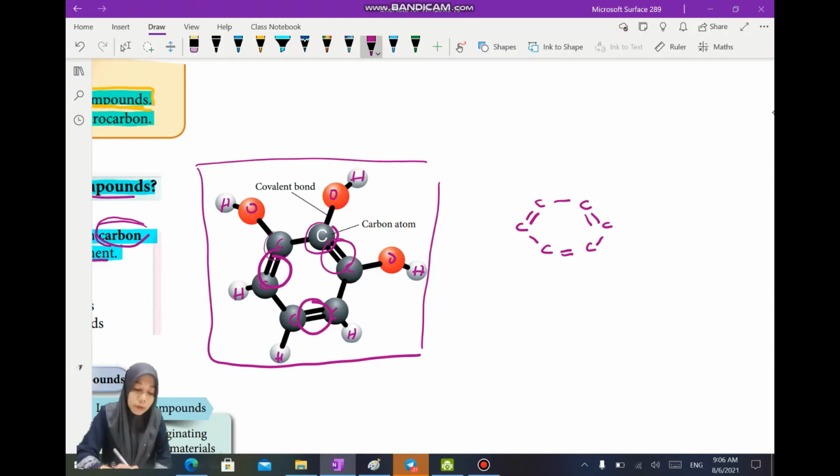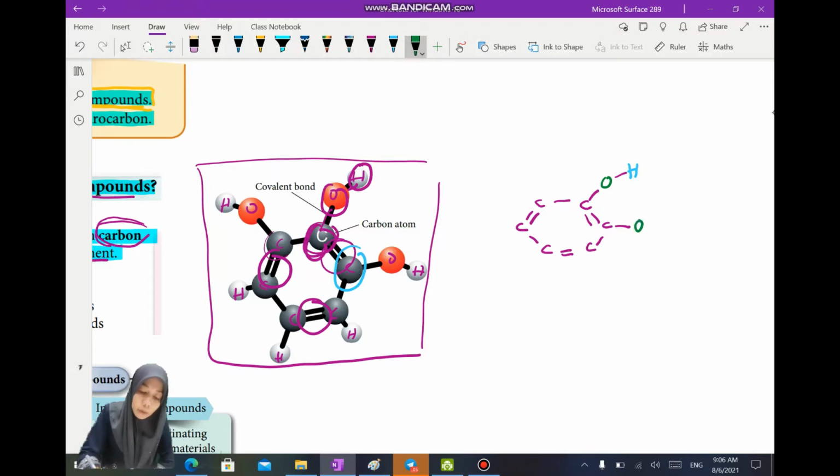And then for this C, it's bonded covalently with O and hydrogen. Sorry, we use other color. So this O is bonded to hydrogen H. And then for this C also, it's bonded to O and hydrogen.